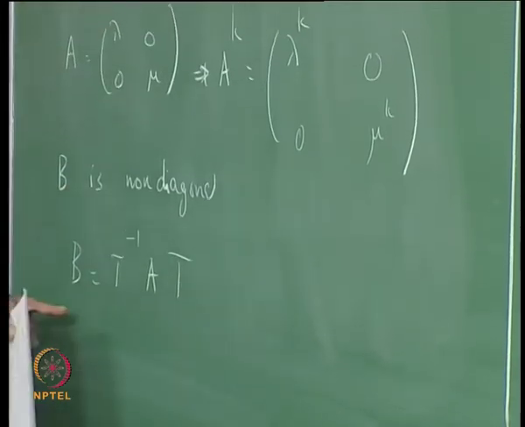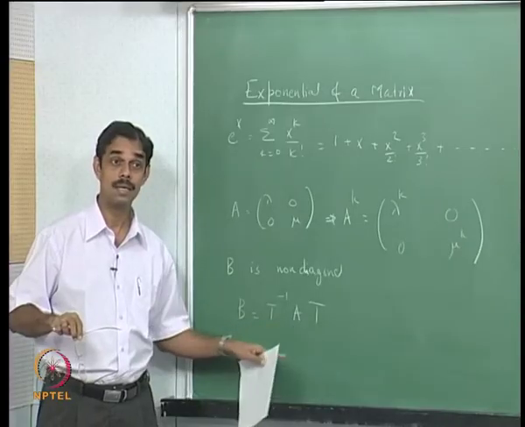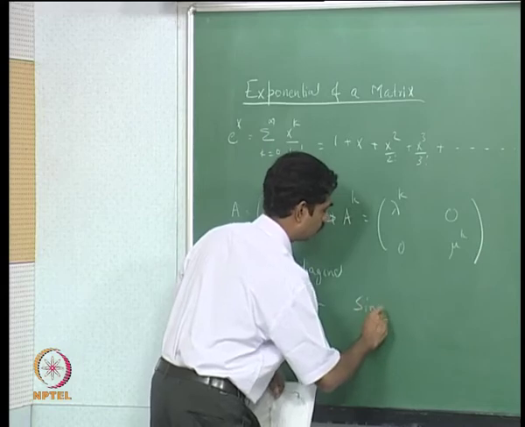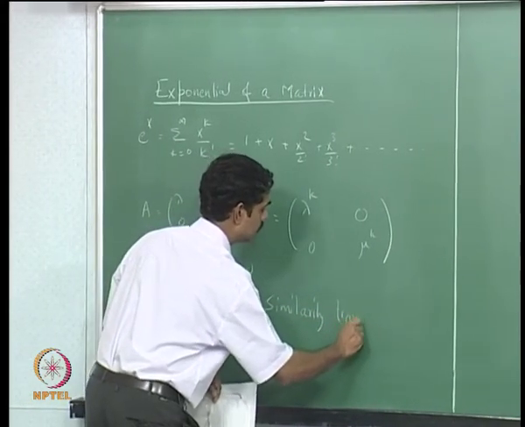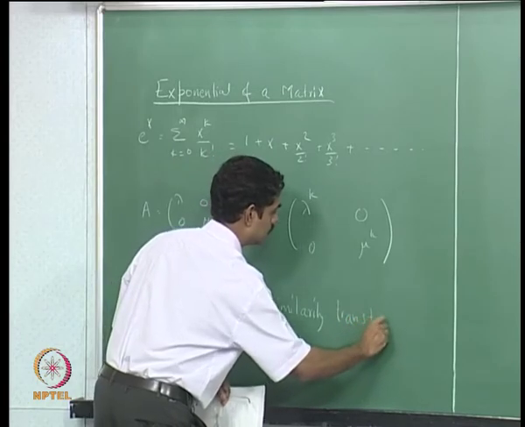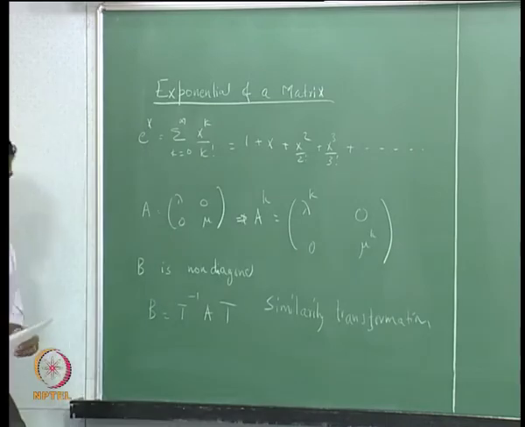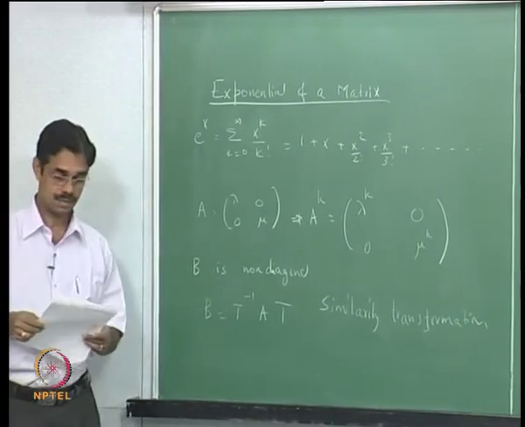We can always make this transform. What is this called? A similarity transformation, right. So how do you find this?